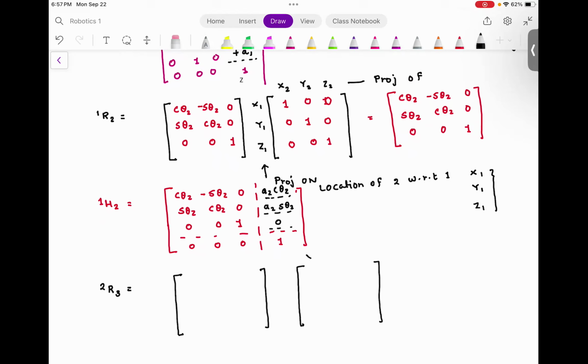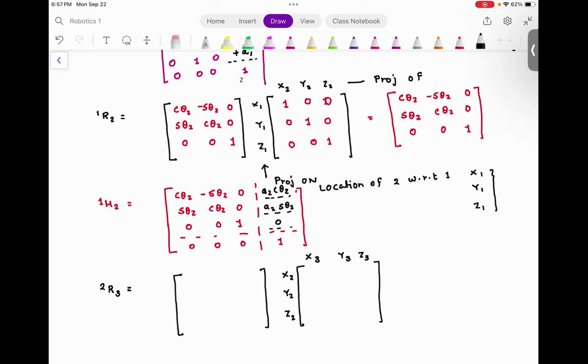Same thing, projection of x3, y3, z3 on x2, y2, z2. You agree with me? Projection of x3, y3 and z3 on x2, y2 and z2.